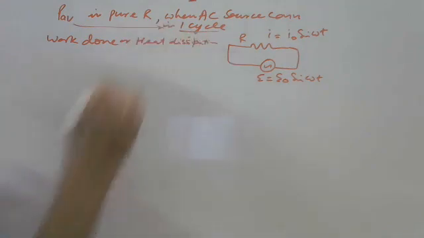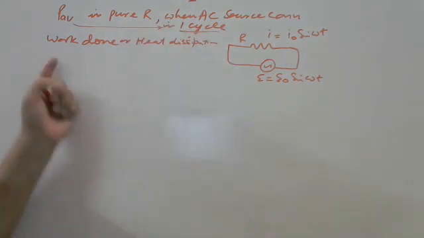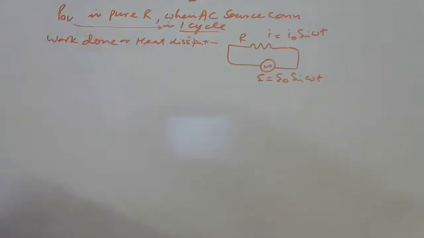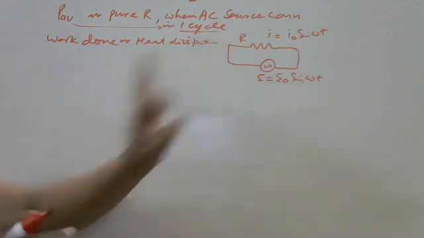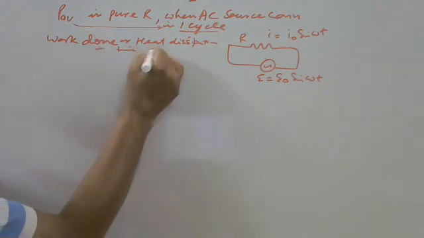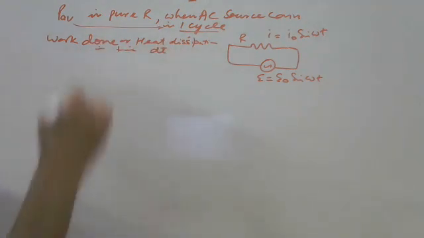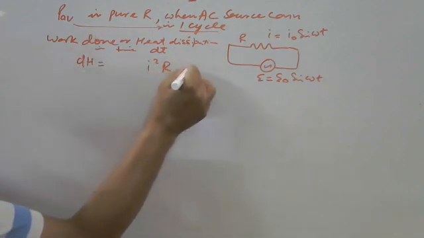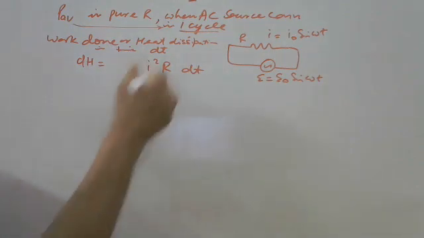In resistance we use dissipation; otherwise, work done or energy associated with the circuit in a very small time interval dt. In small time dt, the formula of heat is I²R dt. This is the correct formula for energy. I²R is power.